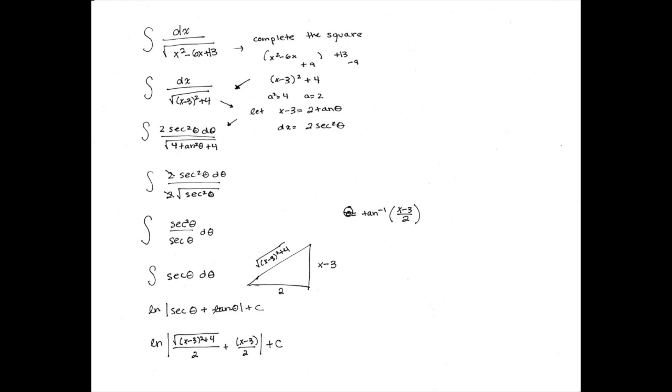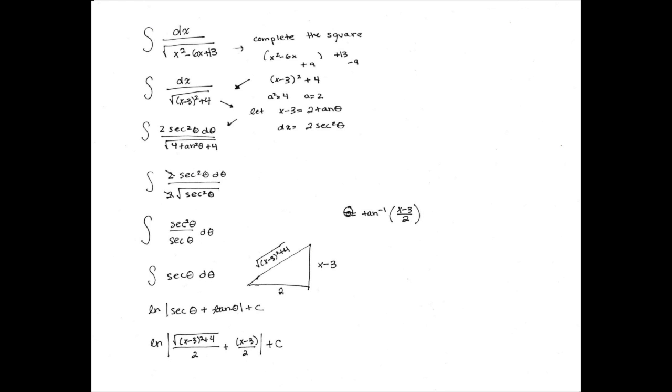Then we let x minus 3 equal 2 tangent of theta. You always want to find the derivative, the dx, because we need to substitute that back into the integral. The dx is going to be 2 secant squared theta d theta, because you remember that the derivative of tangent of theta is secant squared theta.